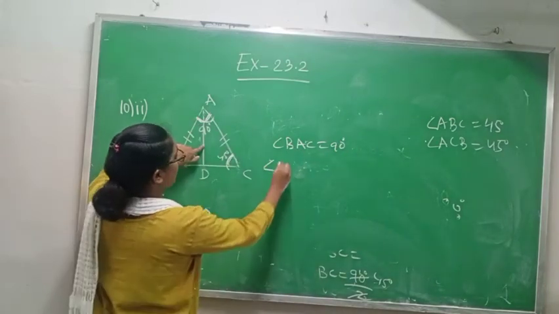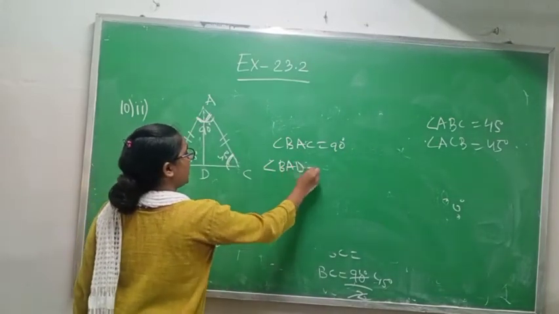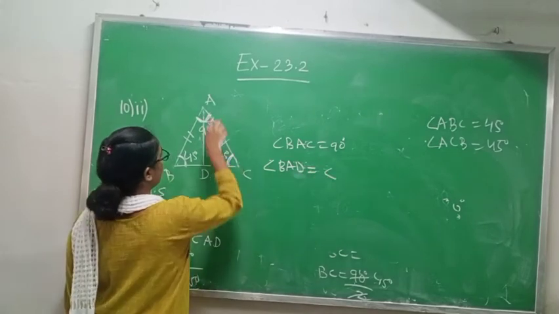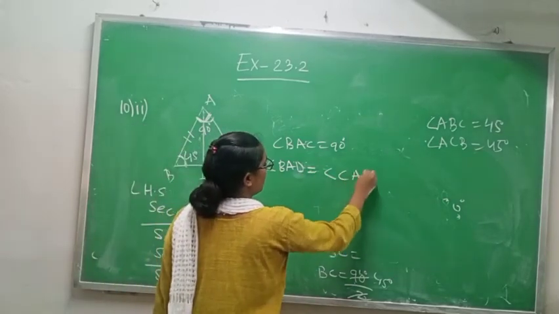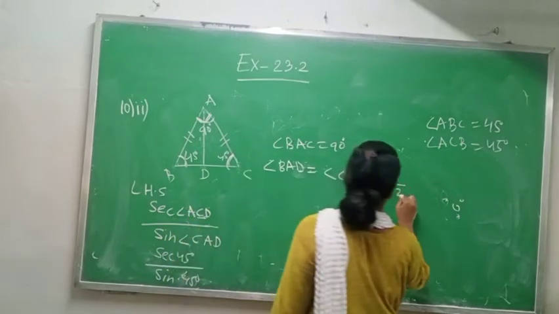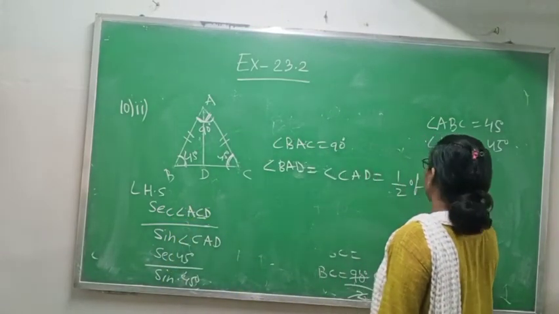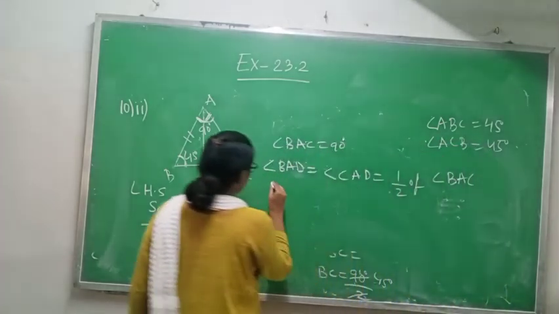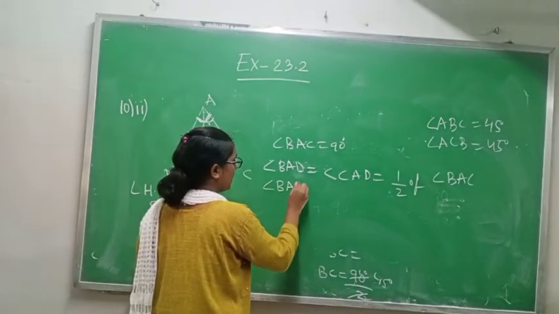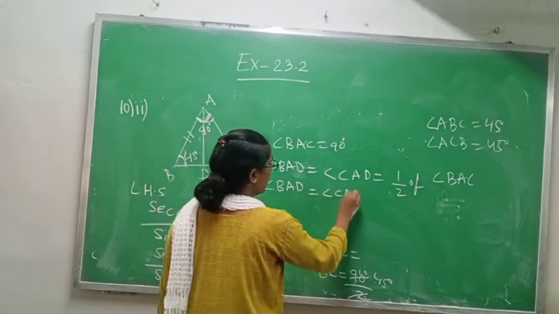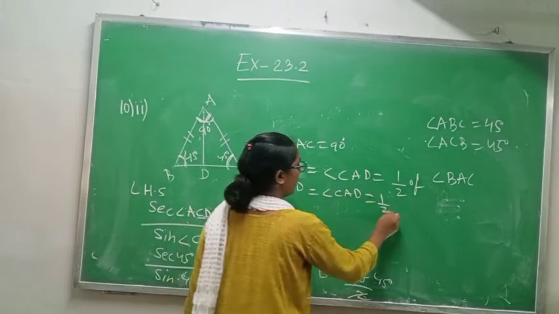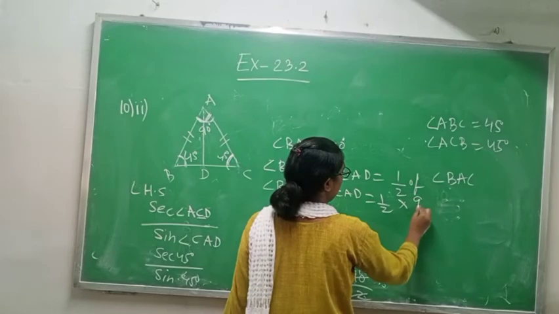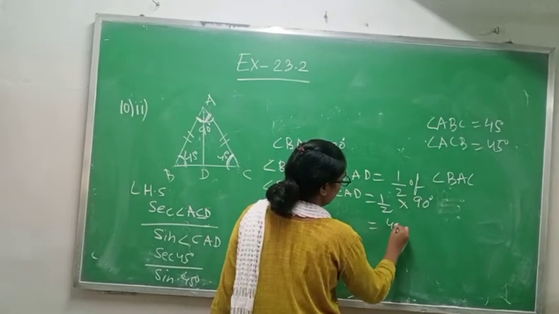Angle BAD equals angle CAD equals half of angle BAC, because AD is the bisector. So angle BAD equals angle CAD equals half of 90 degrees. You will get 45 degrees.